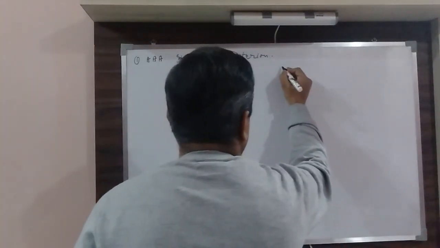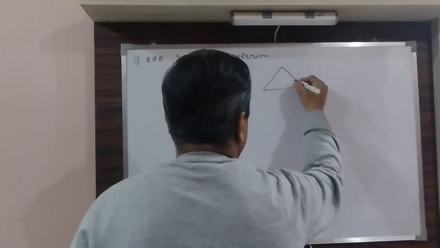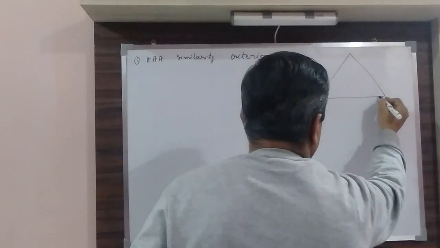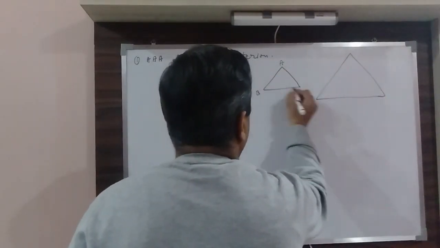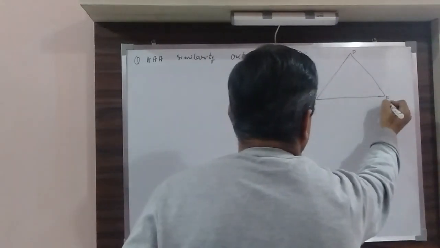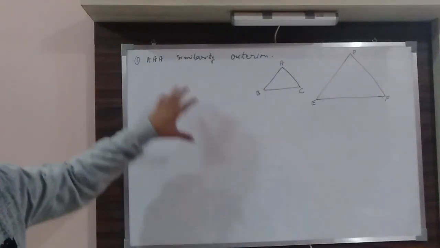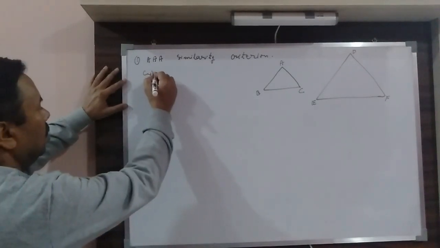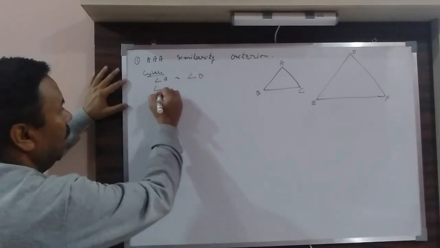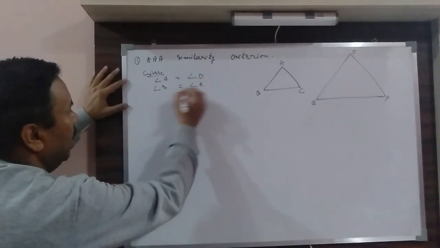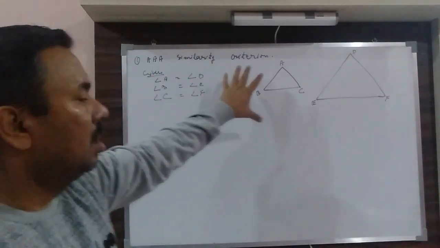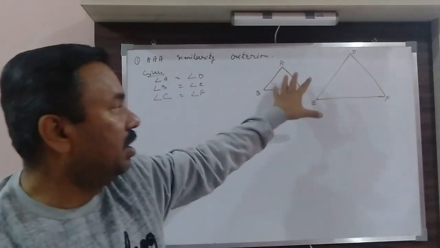If I have got two triangles ABC and DEF, and it is given that angle A is equal to angle D, angle B is equal to angle E, and angle C is equal to angle F. That means the corresponding angles of both the triangles are equal.